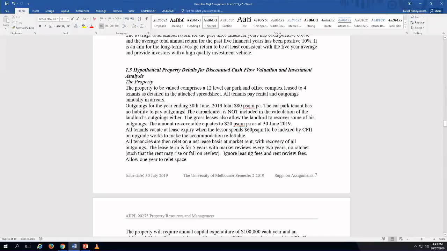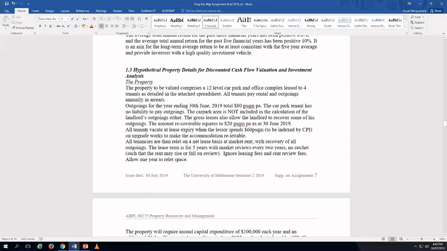The car park area is not included in the calculations of the landlord's outgoings either. The gross leases also allow the landlord to recover some of the outgoings. The amount recoverable equates to $20 per square meter per annum as at 30th June 2019.